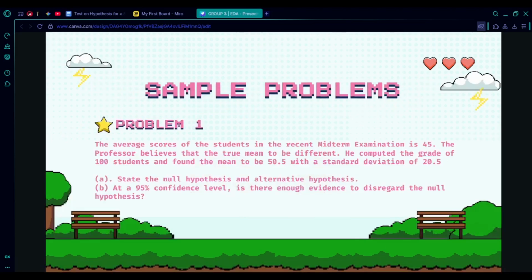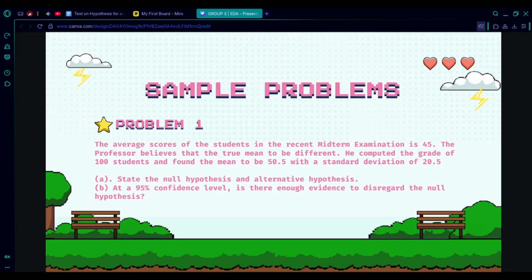For our first problem, the average score of the students in the recent midterm examination is 45. The professor believes that the true mean is different. He computed the grade of 100 students and found the mean to be 50.5 with a standard deviation of 20.5.